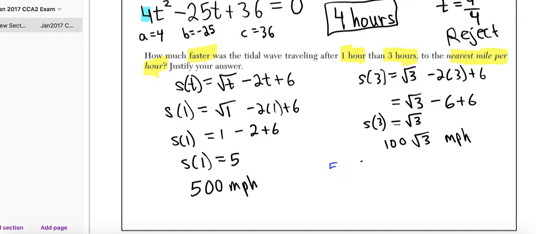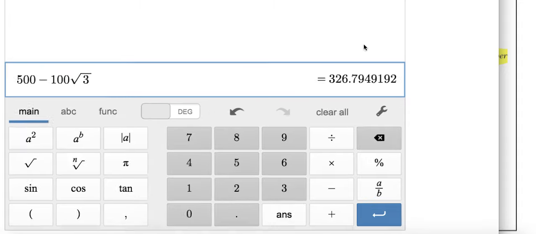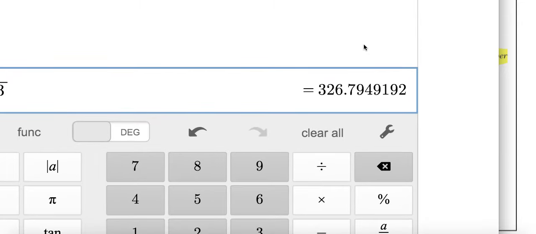I'm going to take 500 minus 100 radical 3, and I want to round that to the nearest whole number. And it's about 326.8, which rounds to 327 miles per hour.